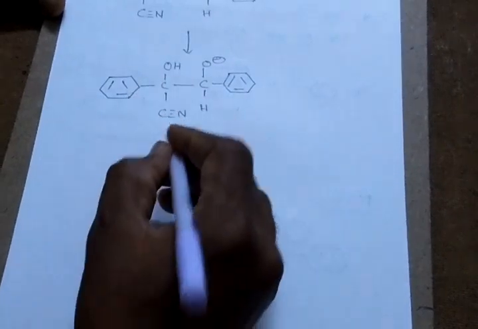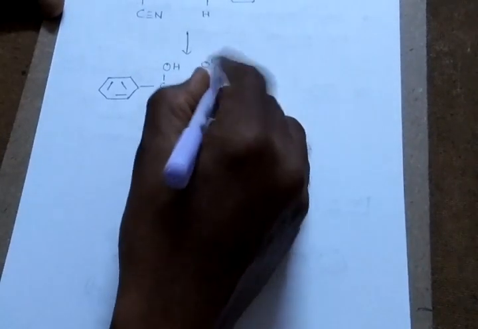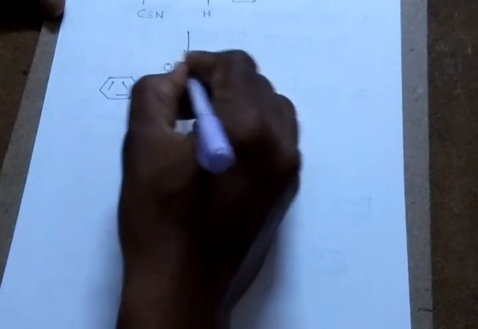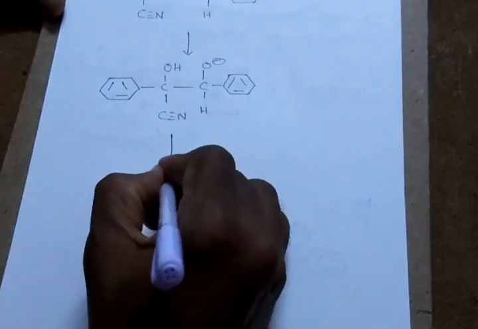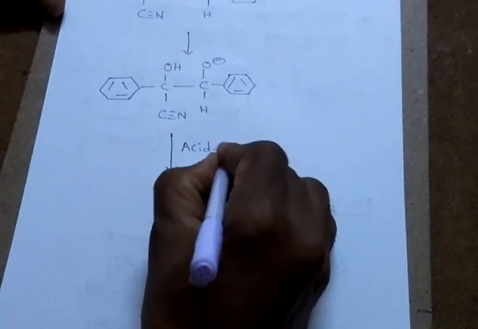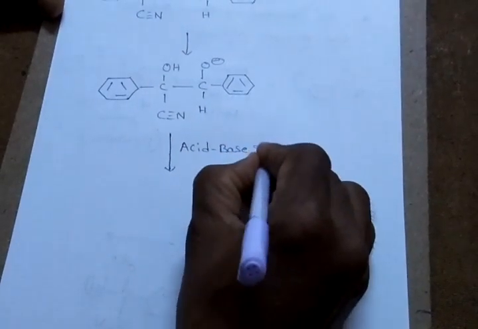Okay, later on again in this particular molecule, here there is a negatively charged oxide ion, that means the oxygen. Then what happens, again a kind of acid base reaction one more time takes place.